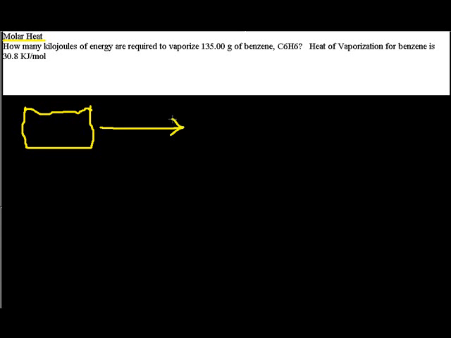The reason we know it's going to turn into a gas is it says we're going to vaporize it. During this change there is no temperature change. It is simply going to be turning it into a set of gases. So this is going to be a vaporization process.